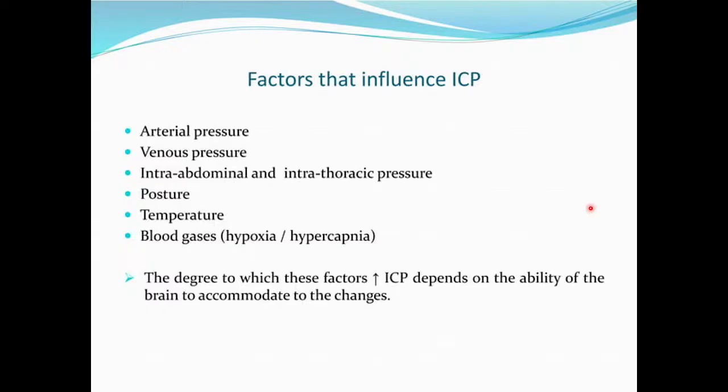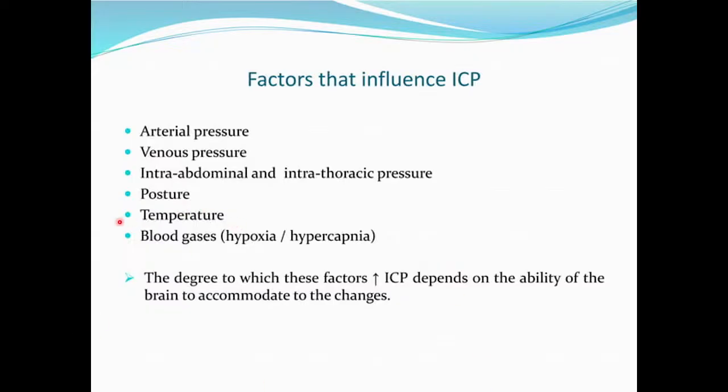Factors that influence intracranial pressure that we know: the arterial pressure, venous pressure, intra-abdominal pressure and intrathoracic pressure, posture, temperature, blood gases in ABG, hypoxia or hypercapnia. The degree to which these factors increase ICP depends on the ability of the brain to accommodate the changes.